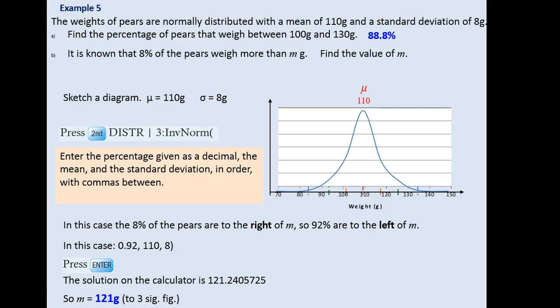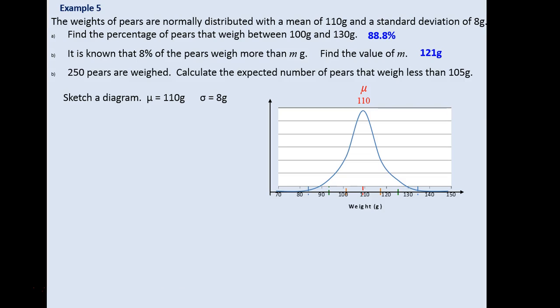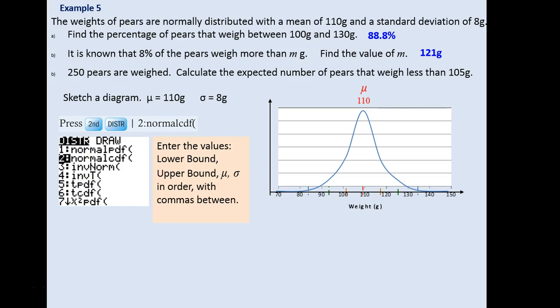Here's the last one. Part C, 250 pairs are weighed. So now they're giving us a specific amount that was surveyed, and they want the expected number. So the expected number less than 105. So again, we're going to do the normal distribution feature.